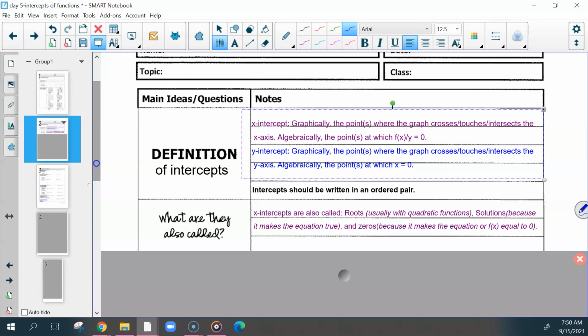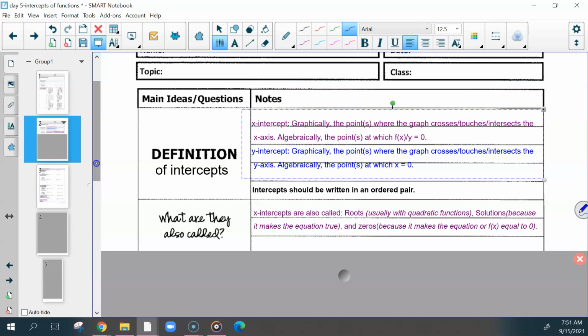Algebraically, it's where y is 0. So graphically, it's wherever it touches, crosses, intersects your x-axis. But algebraically, it's where y is 0.